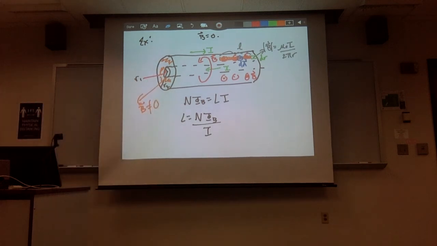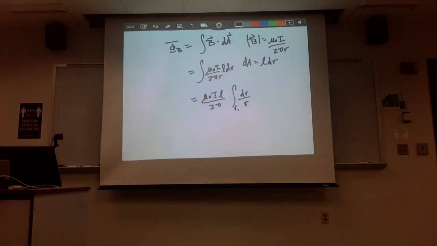I'm just simply going to integrate this from R1 to R2. What's the integral of dr over r? Natural log, good. So this is now going to become mu naught I times L divided by 2 pi, natural log of R2 divided by R1.